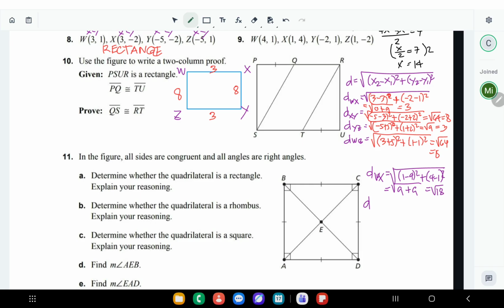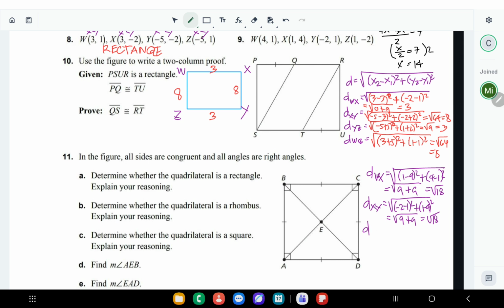Then the distance from X to Y: square root of negative 2 minus 1 squared, plus 1 minus 4 squared. This is the square root of 9 plus 9, square root of 18.